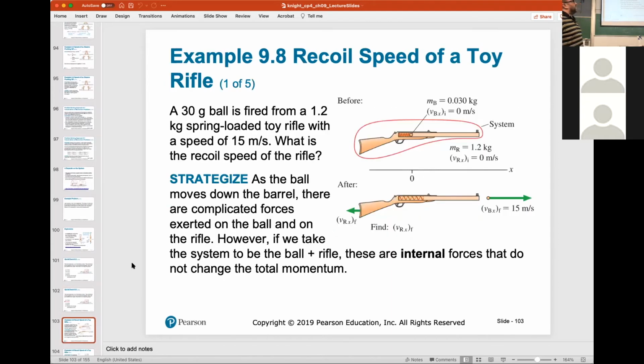All right. So example, speed of a toy rifle. A 30 gram ball is fired from a 1.2 kilogram spring-loaded toy rifle at a speed of 15 meters per second. What is the recoil speed of the rifle? Now, if you've ever fired a gun before, hopefully you know that you want to hold the gun against your shoulder, because that way it's attached to your shoulder.